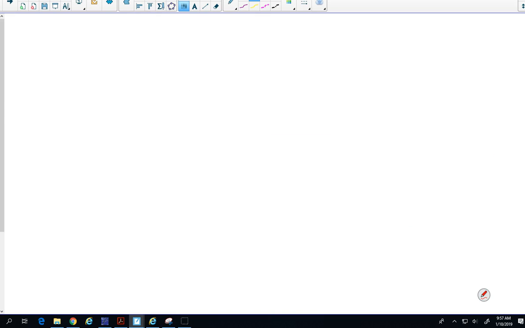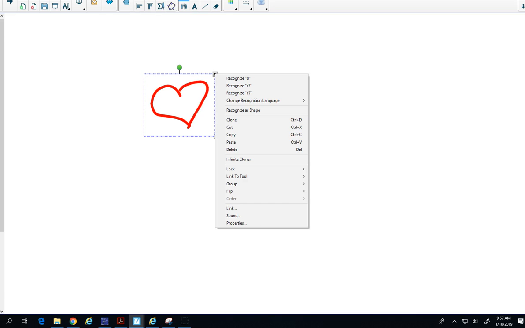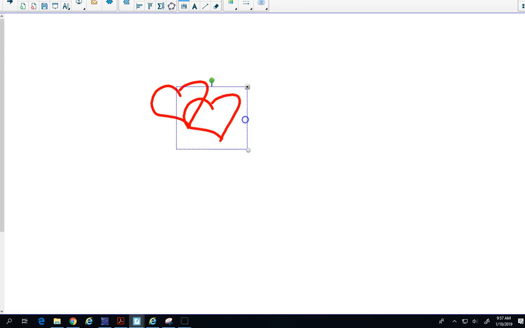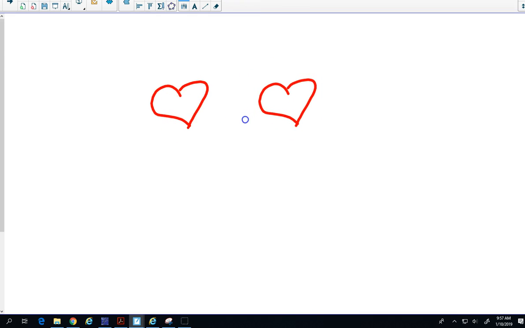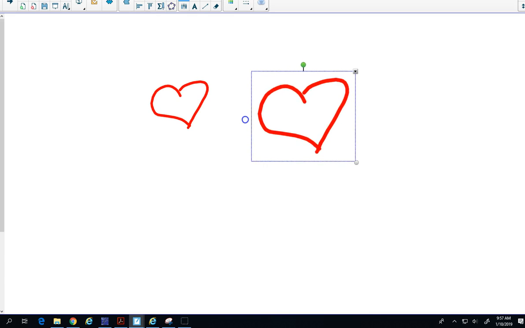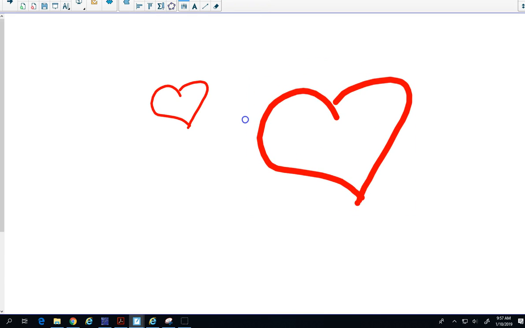Let's say I draw a heart, and then I'm going to clone it. Those two are what? Congruent, right? And then if I stretch it here, now what are they? Similar, right? So they're the same shape, but different size.